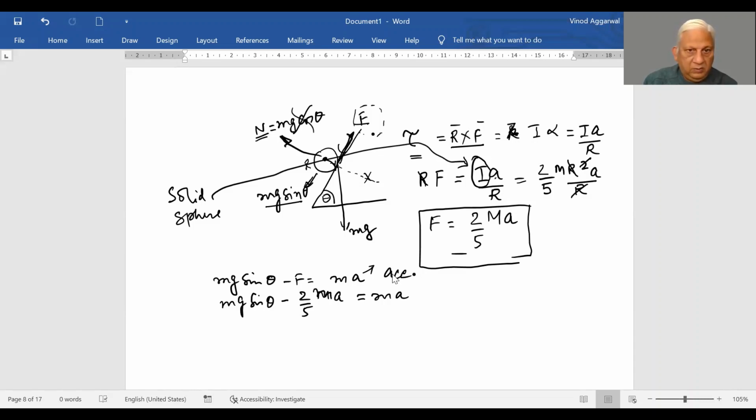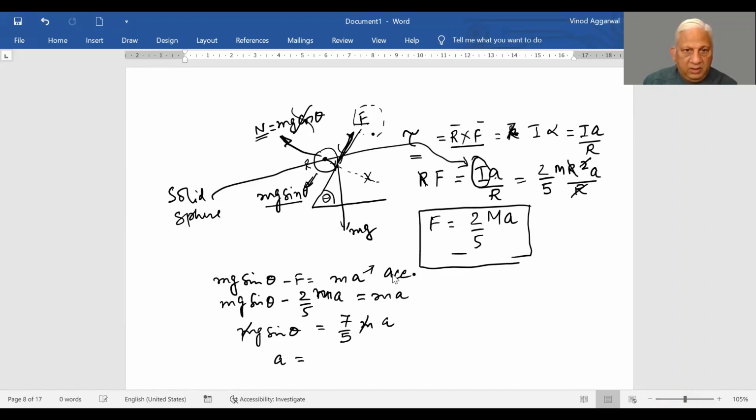What we get is mg sine theta is equal to 7 by 5 ma, and m cancels out from there.